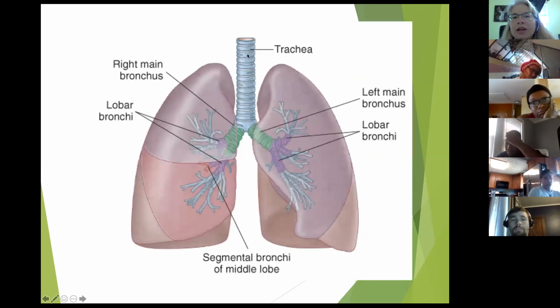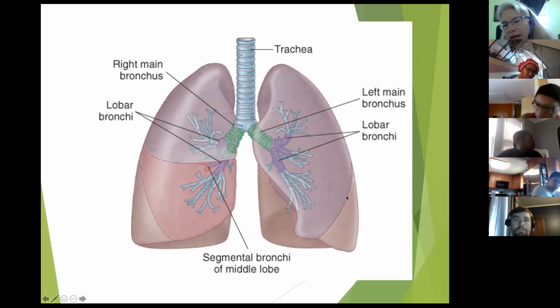So here's your trachea coming down, and we've got your right main stem bronchus and your left main bronchus, which then you see how it divides up even more down into the alveoli where your gas exchange occurs. And hopefully some of this sounds familiar from biology.